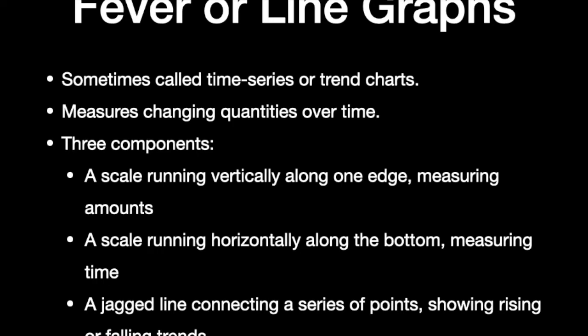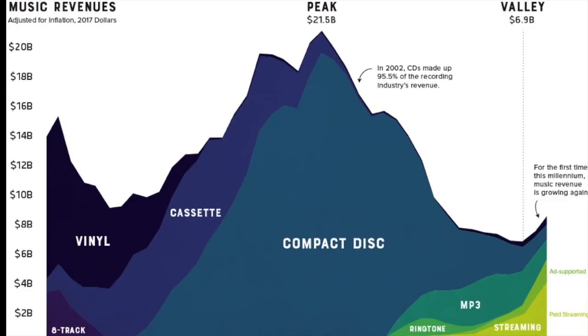And again, I think you all are probably pretty familiar with this, but here's one that I thought was kind of cool about music revenues according to different forms of music distribution. So we have vinyl, cassette, 8-track is way down there, I guess, CDs, MP3s, ringtones, and then, let's see, what's that tiny one? Oh, ad-supported and streaming.